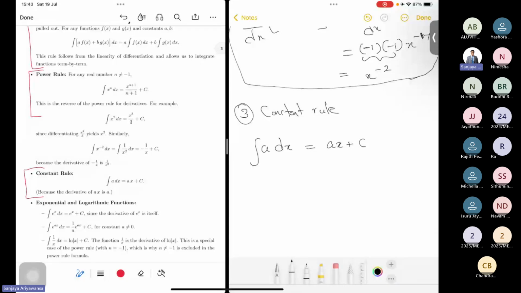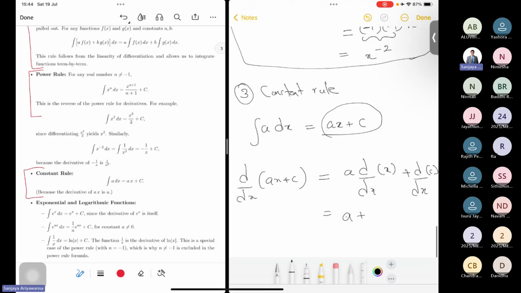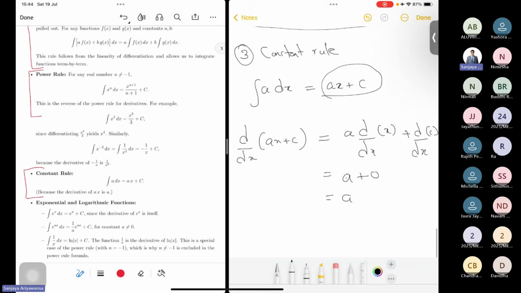Because, again, if I were to differentiate this side with respect to x, ax plus c, what do I get? I can take a out, differentiate x with respect to x, plus differentiate c with respect to x. Here I would get a plus 0, and hence I get a. So if I were to integrate a, I get ax plus c.